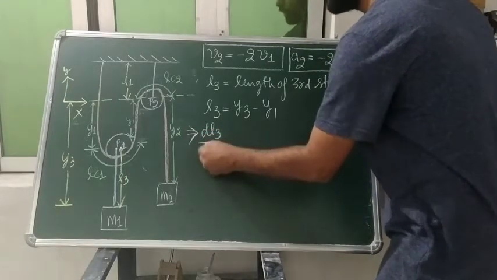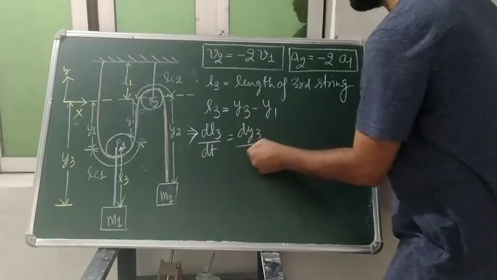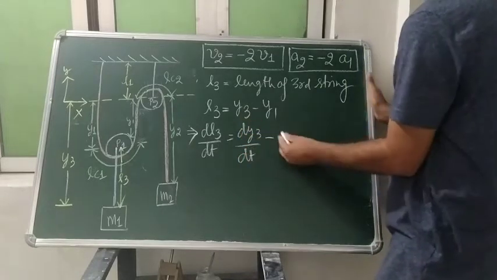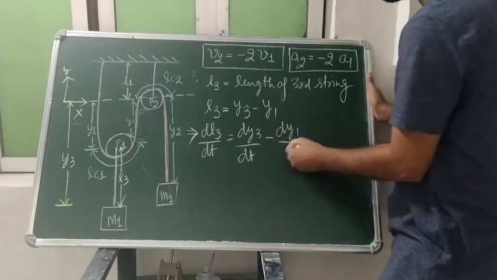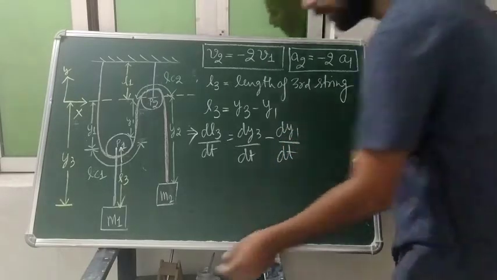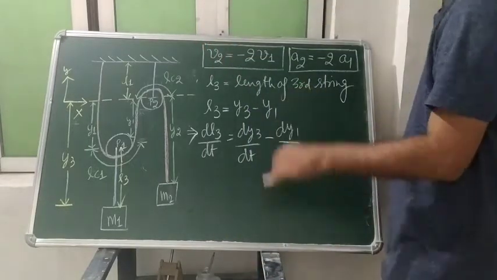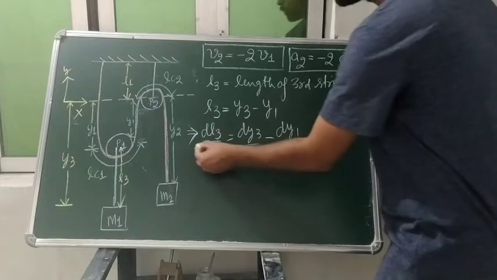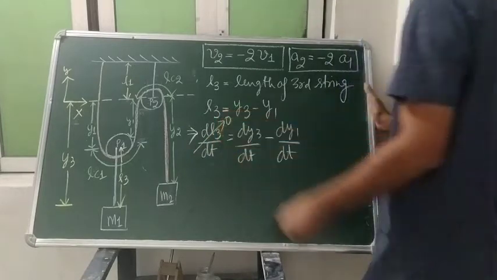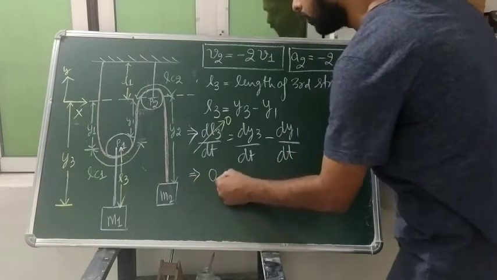So dL3 upon del t will become what? dy3 upon del t minus this dy1 upon del t. Since the length of the third string is constant, it is inextensible, it is not going to change, so the differentiation of a constant thing will become equal to 0. So from here what will we get? 0 will be equal to what?